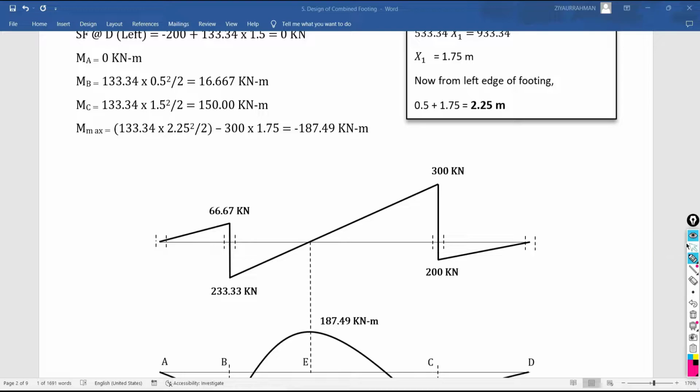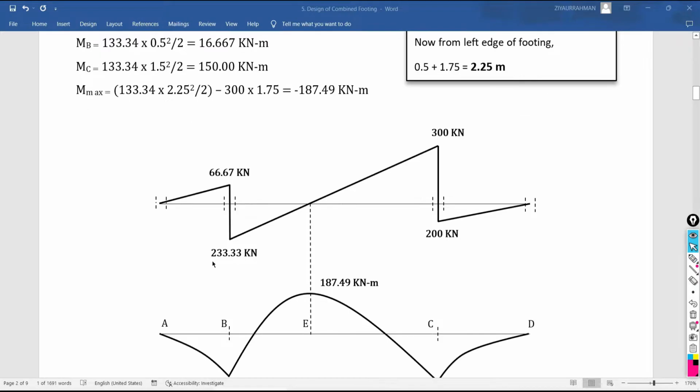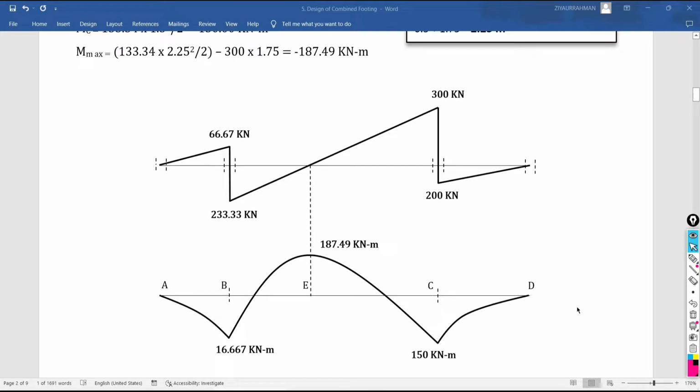Based on these bending moment values, I am going to draw the bending moment diagram. Under the column C1 you are getting a positive bending moment, sagging. Here under the column C2 you are getting a positive bending moment of 150 kilonewton meter service moment, and here you are getting a negative bending moment.